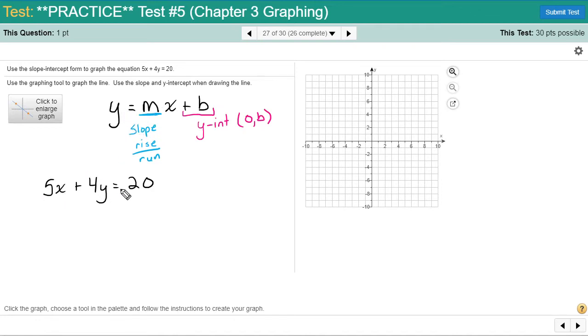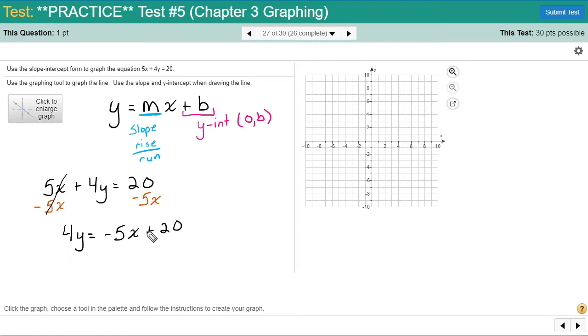So let's go ahead and manipulate this equation and get the y all by itself. First things first, we can start to isolate that y by subtracting 5x from both sides. And when we do that, on the left-hand side, 5x minus 5x is gone, and we're just left with 4y is equal to negative 5x plus 20.